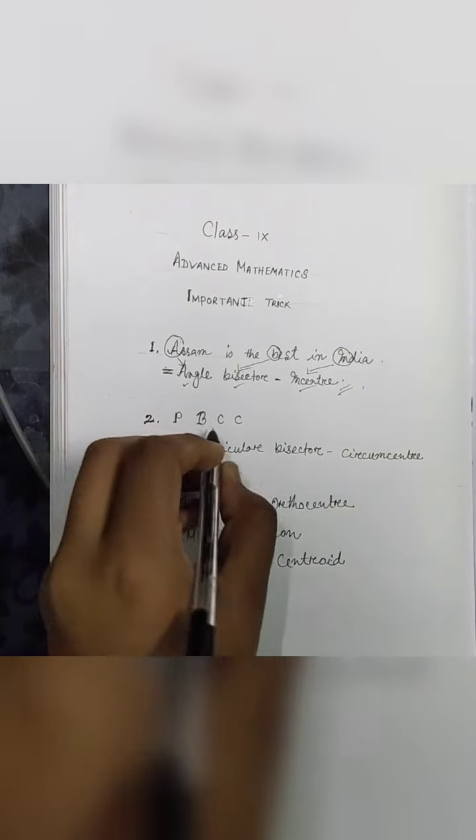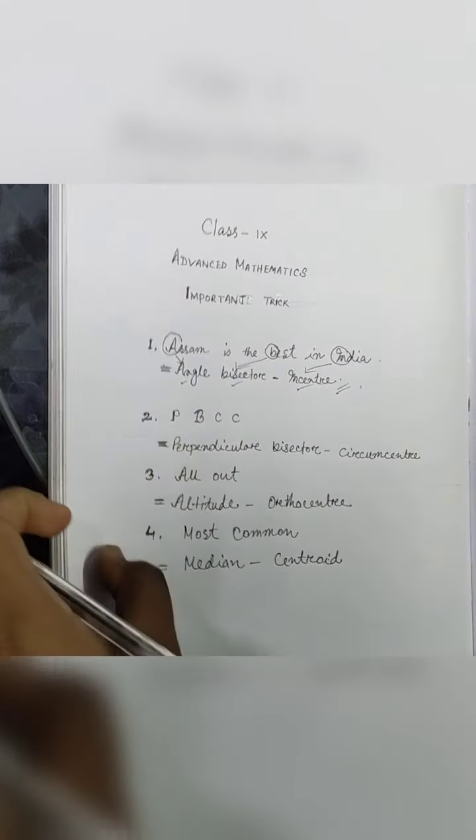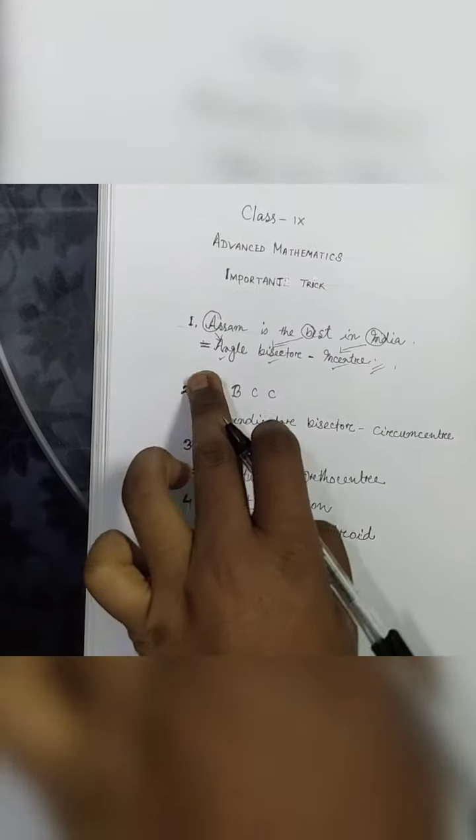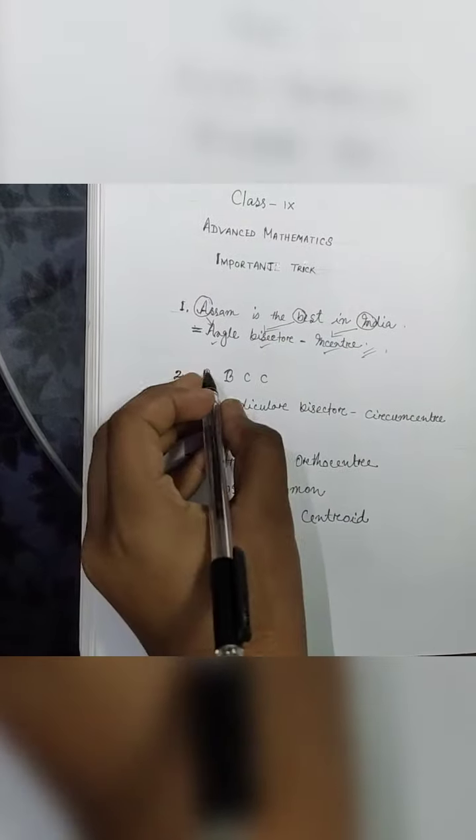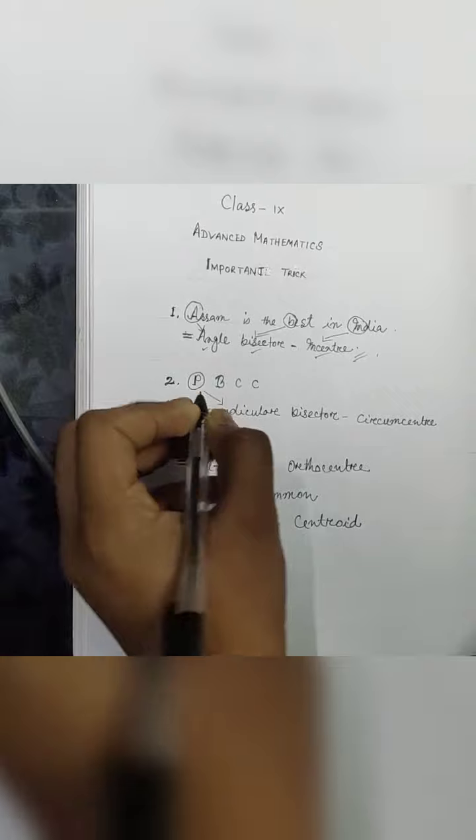And then the second trick is PBCC. You can remember PBCC because it's not a very tough word; it sounds like some cable network in your area. Here P represents perpendicular, as you know what perpendicular is. B represents bisector, that means which cuts.